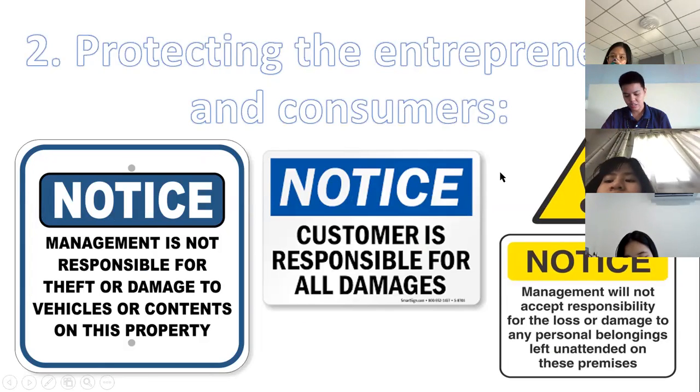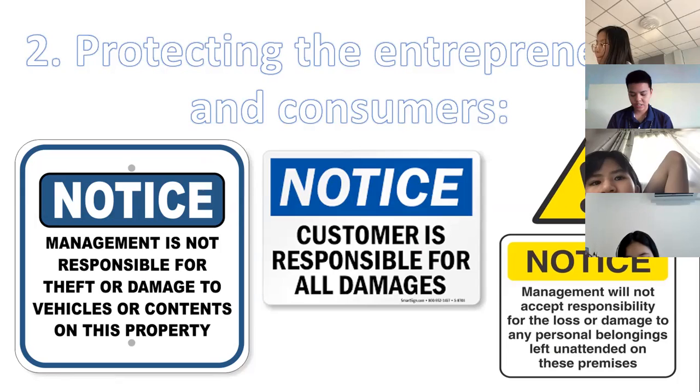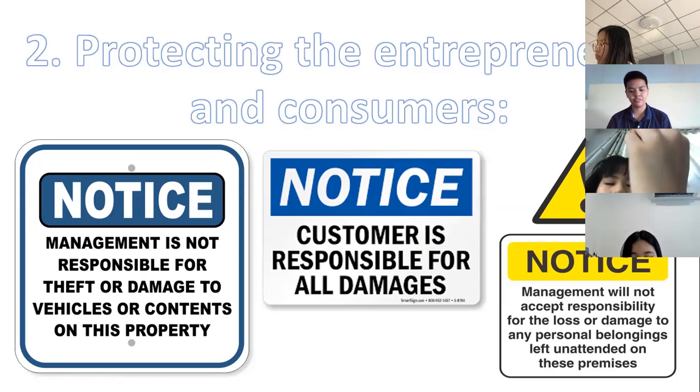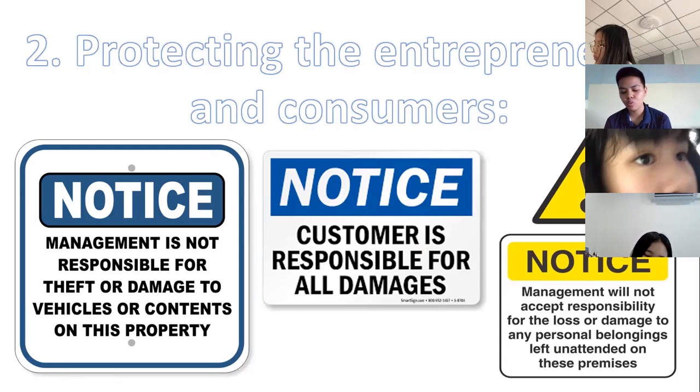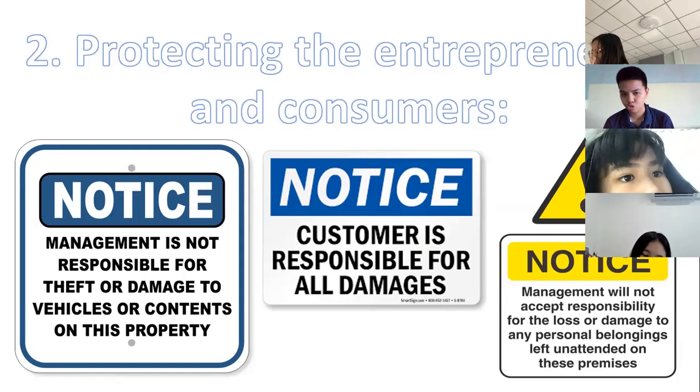Okay, so that is the Consumer Protection Act. Number 2, we have here protecting the entrepreneurs and consumers. What are they going to be protected for? Okay, so responsibility for any damages sustained because of harmful products act in 2551 BE is an act to protect people who are entrepreneurs and consumers.